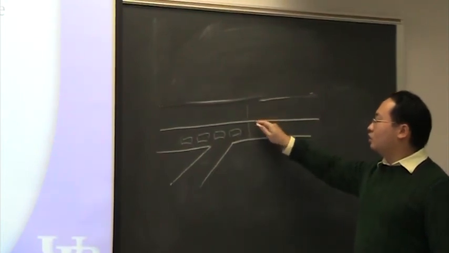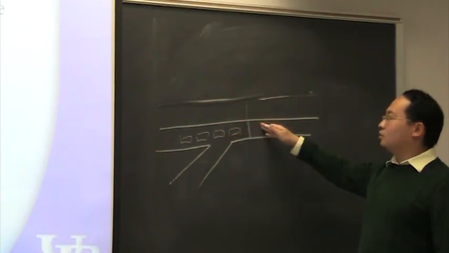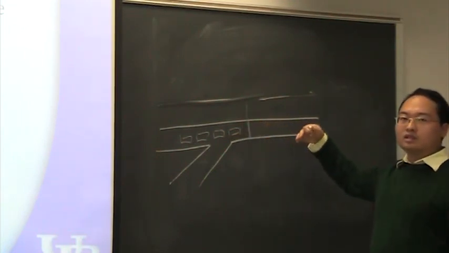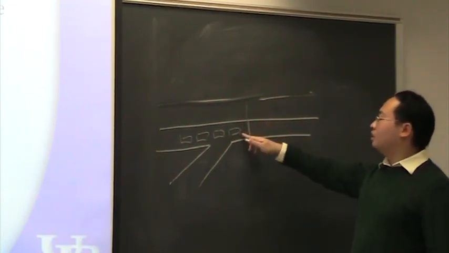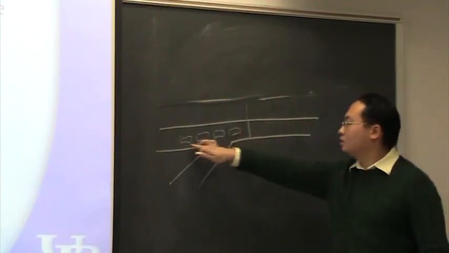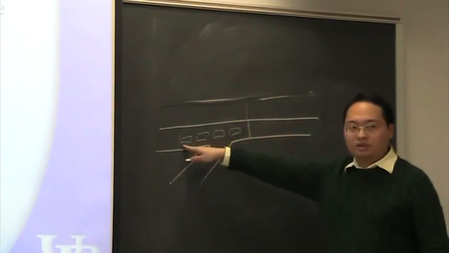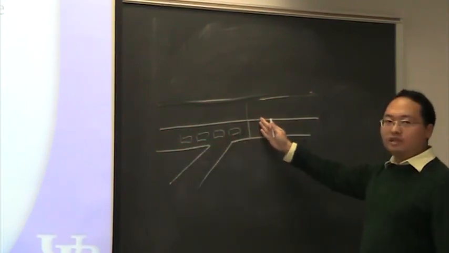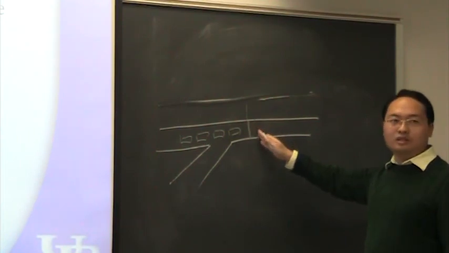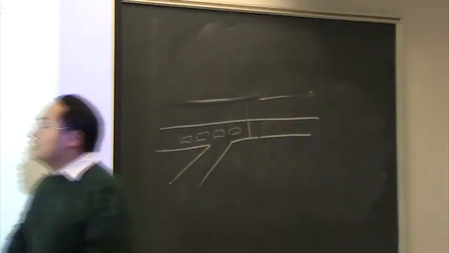So we can check how many vehicles can be discharged per any time interval, say per 15 minutes. So this is the queue discharge rate. When here is a queue, let's measure how many vehicles can pass this point per time unit. So this is for non-signalized facilities.